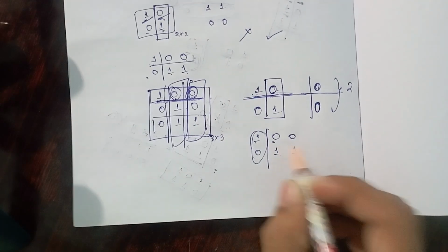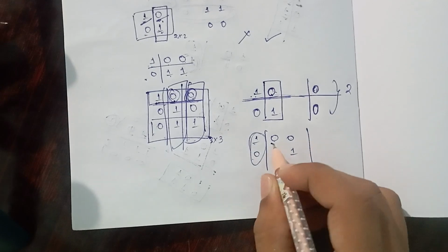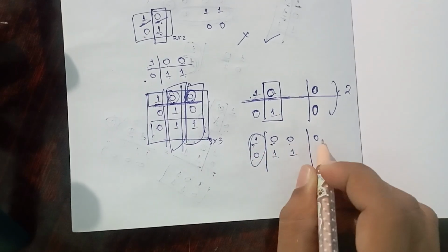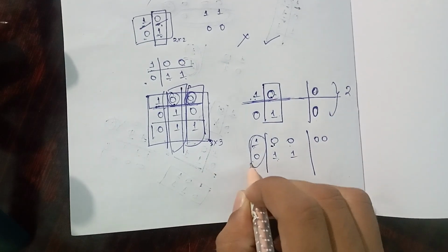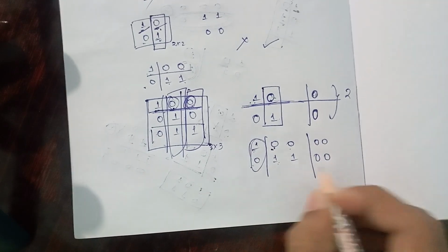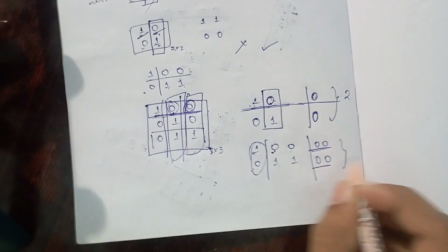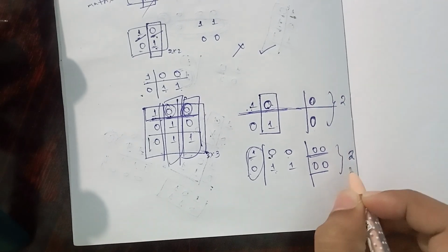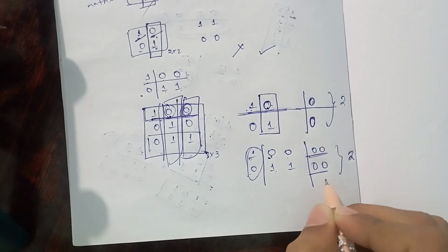That means if you store in the same way in a data structure, 0 is not equal to 1, so store 0. 0 is not equal to 1, so store 0. 1 is not equal to 0, 0, 0. So these two are equal. So that means we can make two rows equal.